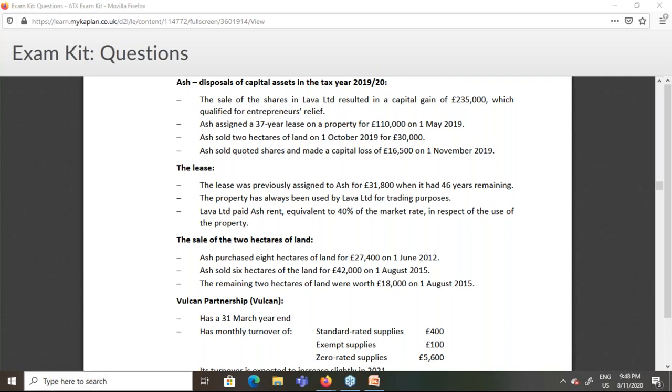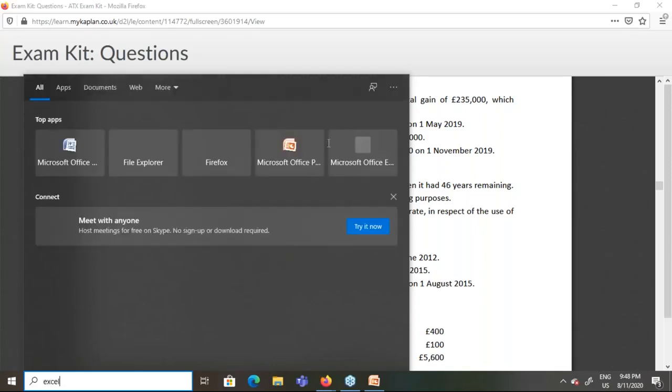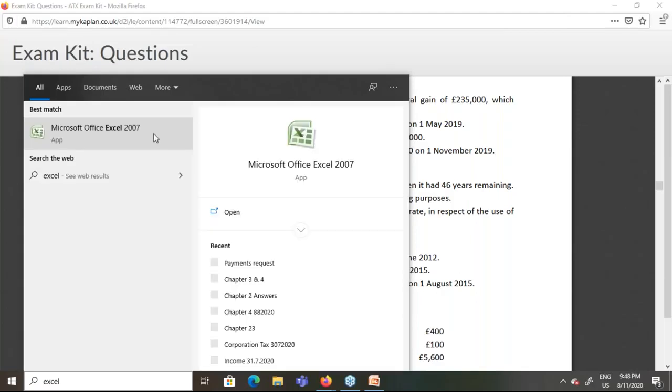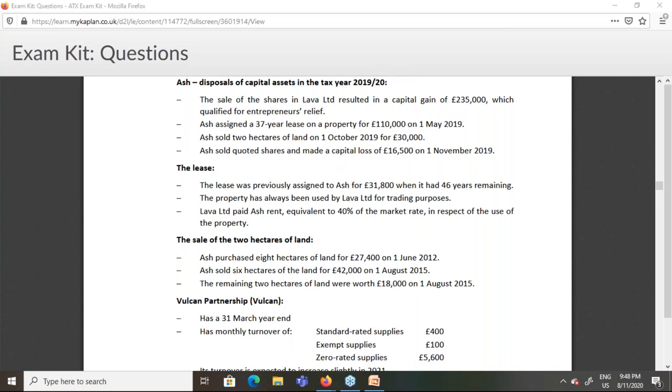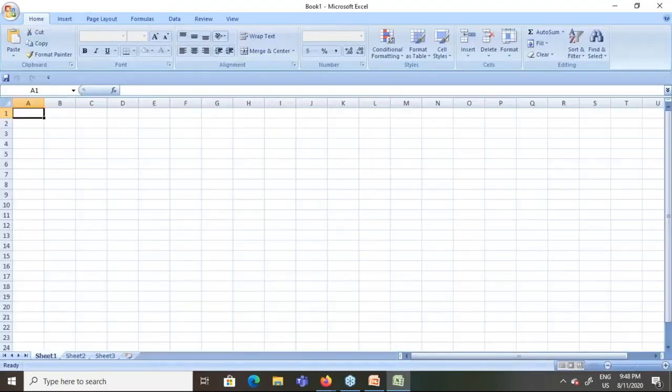As I mentioned yesterday, at the exam, when you're using the computer-based platform, you're given the opportunity to use a sheet similar to normal Microsoft Excel, but be cautious.